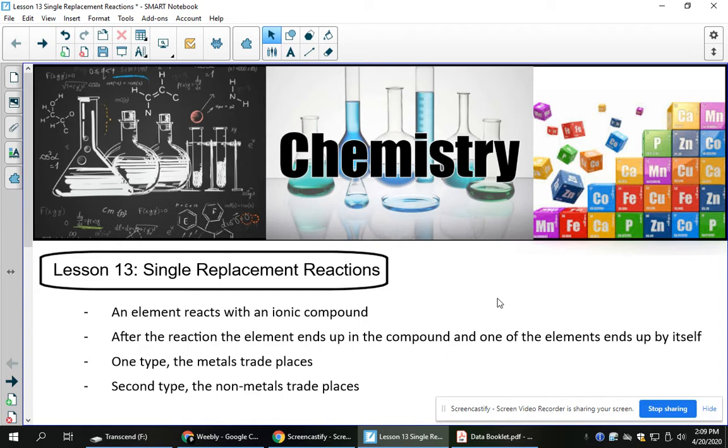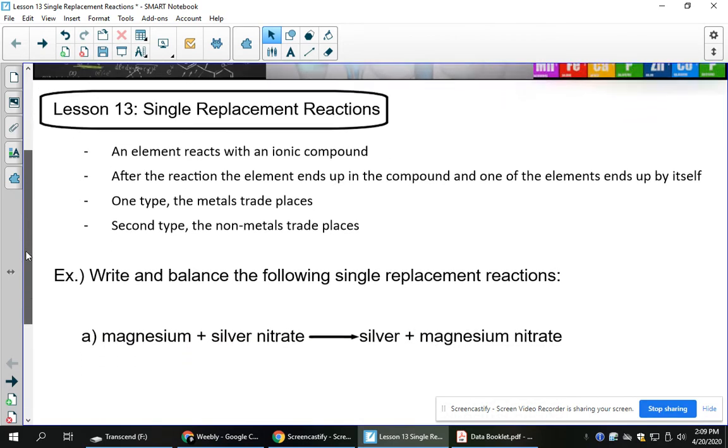So single replacement reactions are where you have an element and a compound, and then you're going to see two of the elements switching places or being replaced by one another. After the reaction, the element ends up in the compound, and one of the elements that was in the compound ends up by itself.